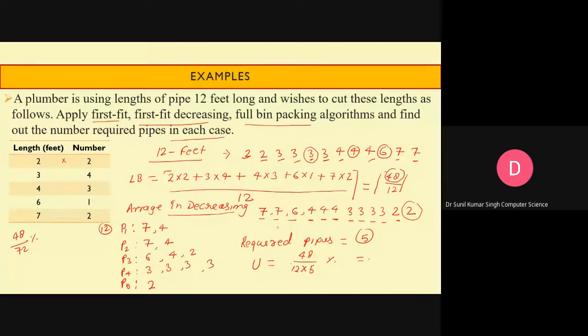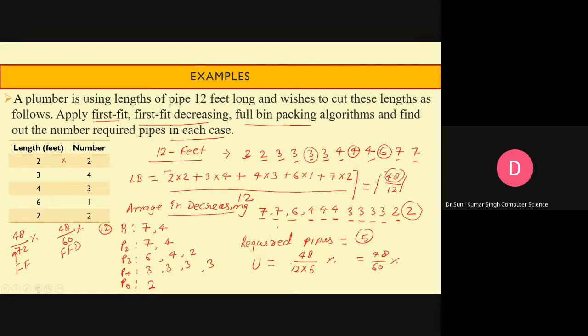So here 48 divided by 60. So this is for first fit, and let's write down first fit decreasing.